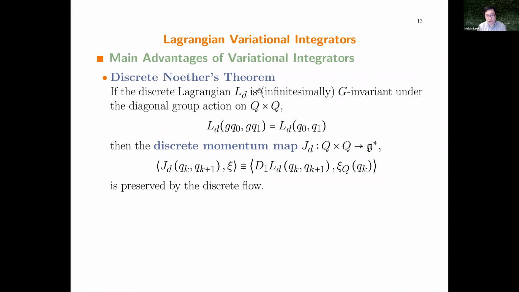In the continuous time case, if the Lagrangian or Hamiltonian is invariant under some group action, then there's an associated momentum map which is conserved. There's something similar here. If your discrete Lagrangian is invariant under the appropriate group action, then there's a discrete momentum map which is preserved by the flow. So if you can construct a discretization which has the symmetry property, then you will automatically have a momentum preserving method. Okay, so that's the first observation.